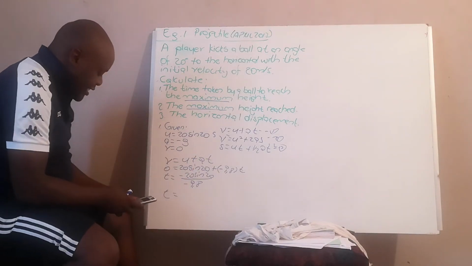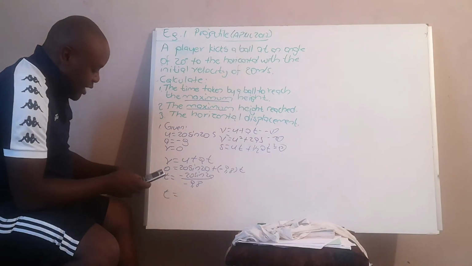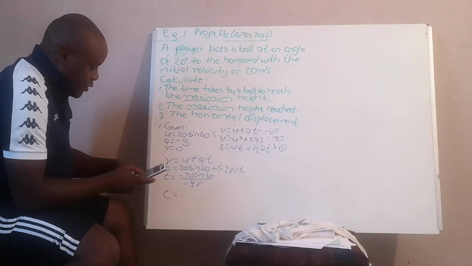Your calculator should be in degrees once more. 20 sine 20 over 9.8.